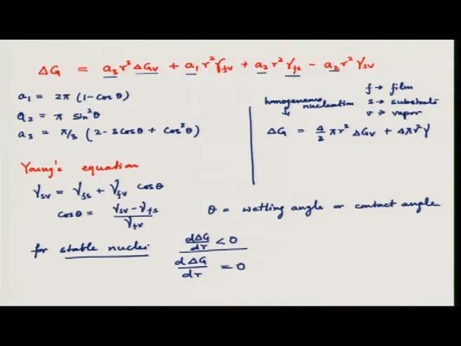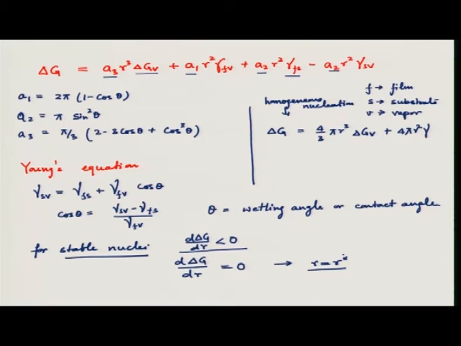And this is the critical radius. Because there are several terms, some increase and some decrease, at a critical radius and beyond, this nucleus will be stable. This is r star, the critical radius of the stable nuclei.